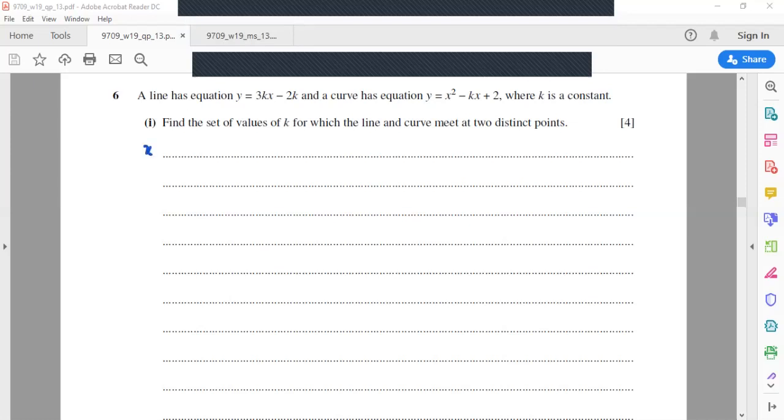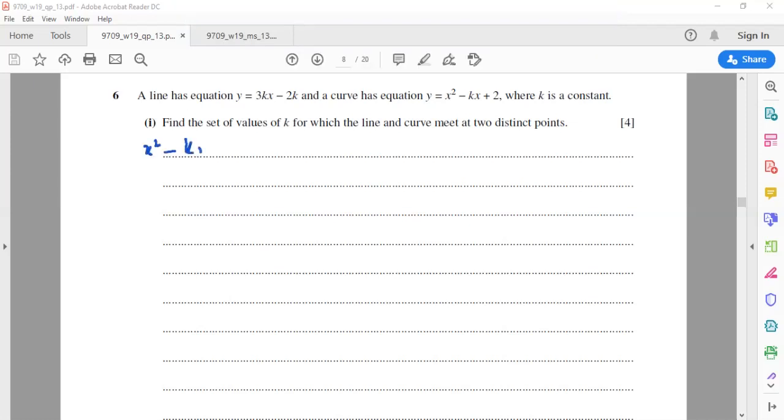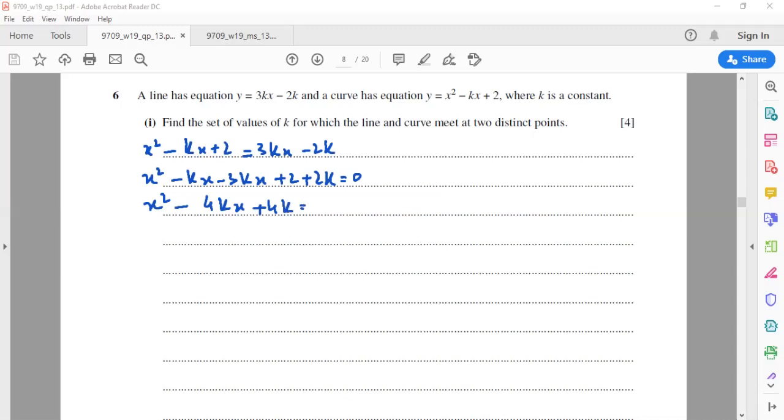So it's x square minus kx plus 2 is equal to 3kx minus 2k. Let's shift it to one side: minus kx minus 3kx plus 2k equals 0. So x square minus 4kx plus 4k equals 0.